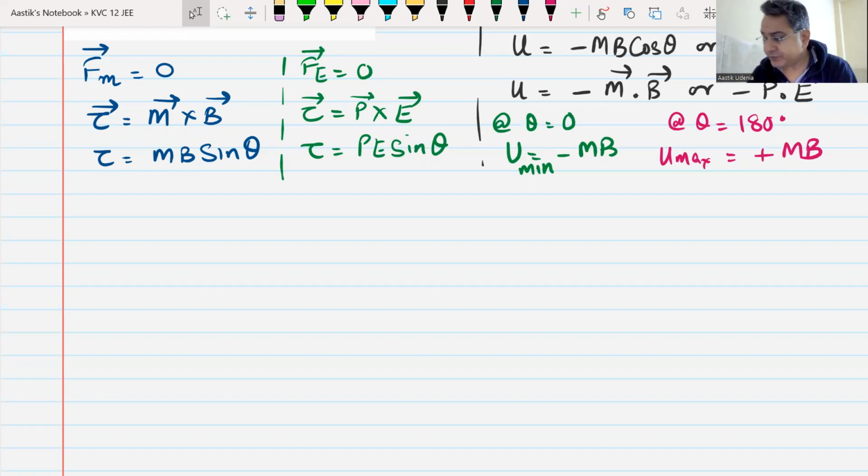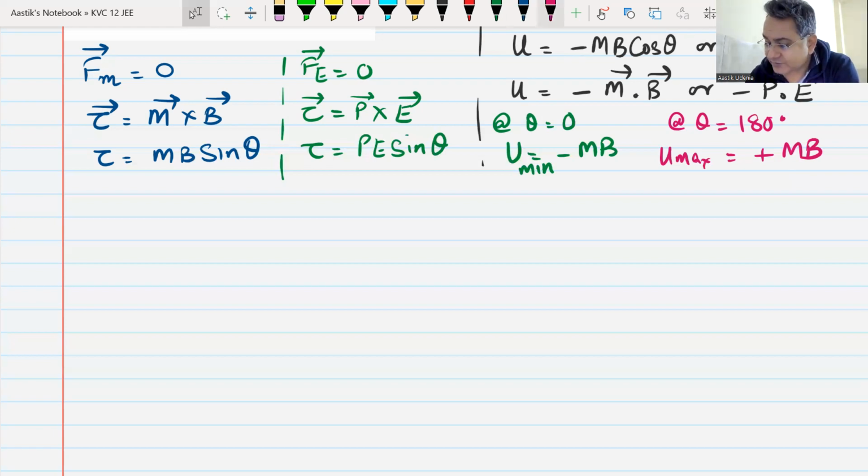So what happens is, if you disturb this bar magnet from its equilibrium position, this torque will try to bring it back to the equilibrium position. Do we understand this? Yes, sir.